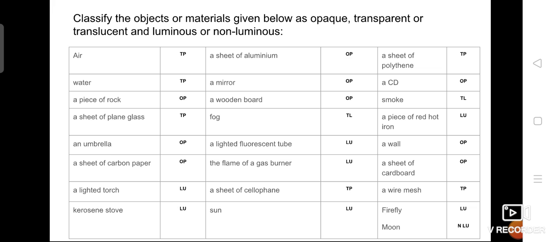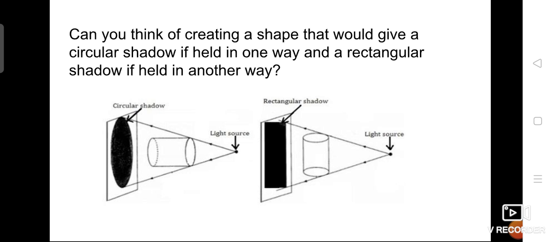I hope you are somewhat clear about the objects. Whether they are transparent, translucent or opaque, or luminous or non-luminous objects. Clear? Okay. So the next question, can you think of creating a shape that would give a circular shadow if held in one way and a rectangular shadow if held in another way?